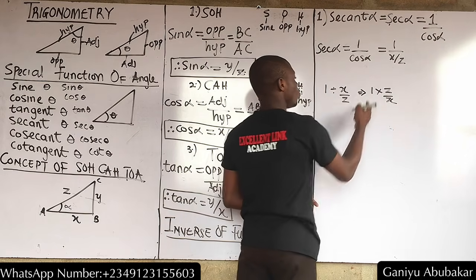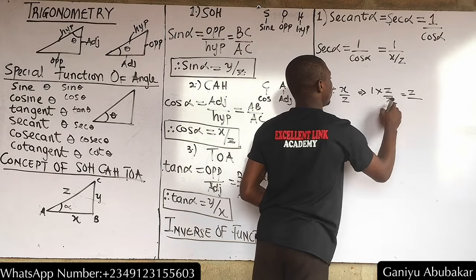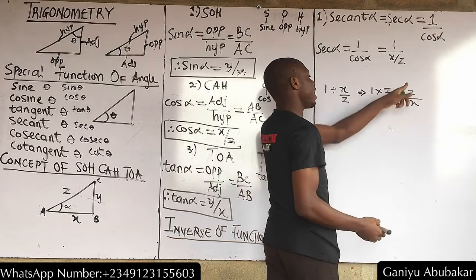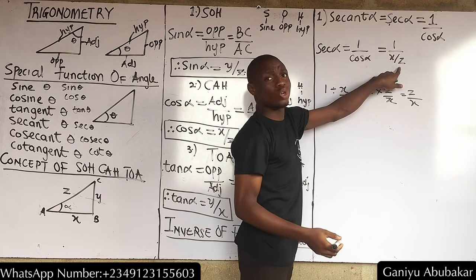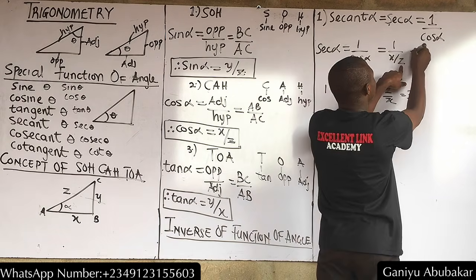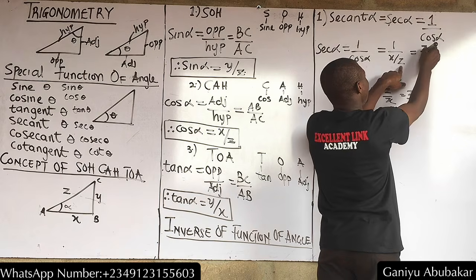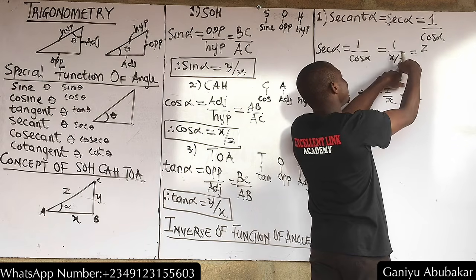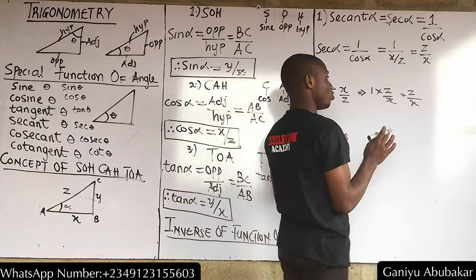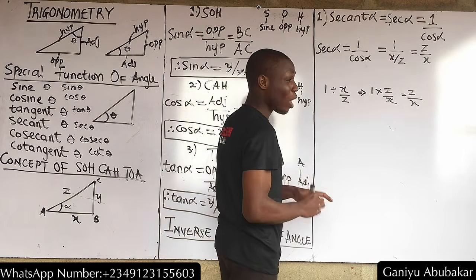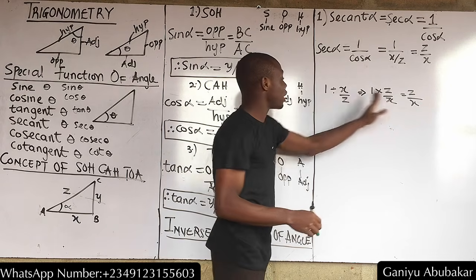So 1 times z is z all over this x. So this becomes z over x. So the idea is that if I'm having 1 all over a fraction, the last one of the fraction comes up, z times 1 becomes z all over this x. That's the shortcut. So at this point now, I'll not start using this expression.